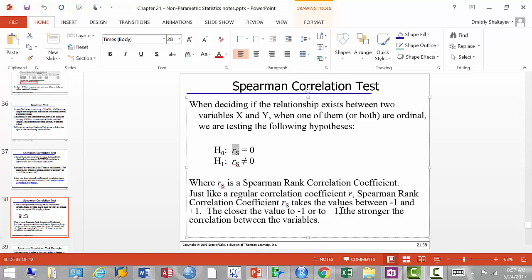The original correlation coefficient that we discussed is a number between -1 and +1. -1 is a perfect negative relationship, +1 is a perfect positive relationship, and 0 is no relationship at all. Same applies to Spearman. It ranges from -1 to +1, where -1 or +1 is the best.